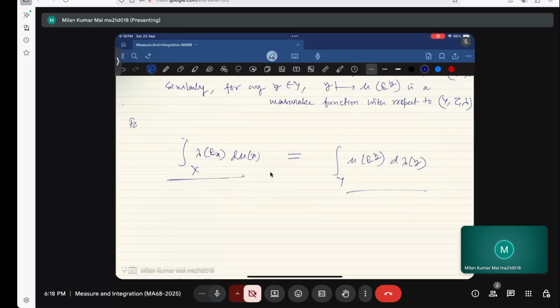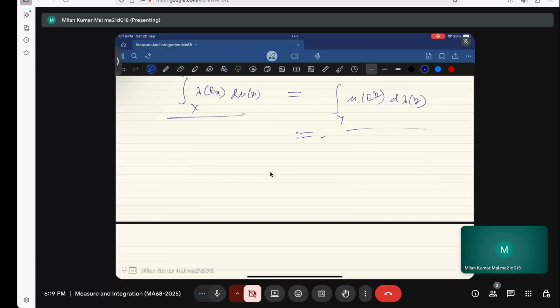For every E belonging to S, we have this one, and this is what is defined as the measure.